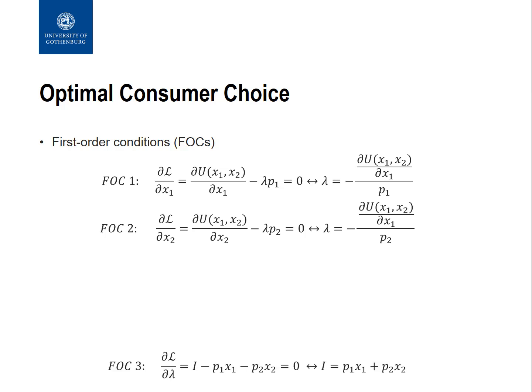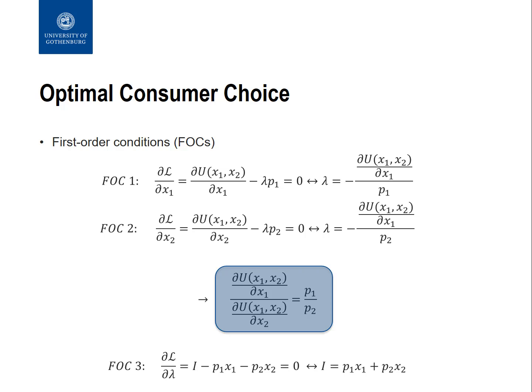The third one is relative to lambda and equalizes Jenny's income with Jenny's expenditures. So the first two conditions can be rearranged to find the following condition: the ratio of marginal utilities has to be equal to the ratio of prices at Jenny's optimum.